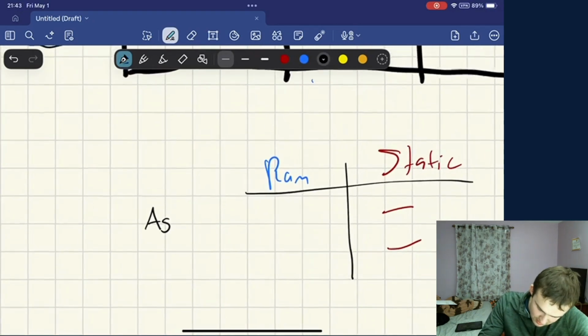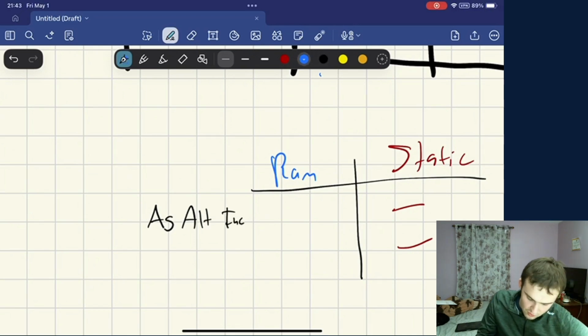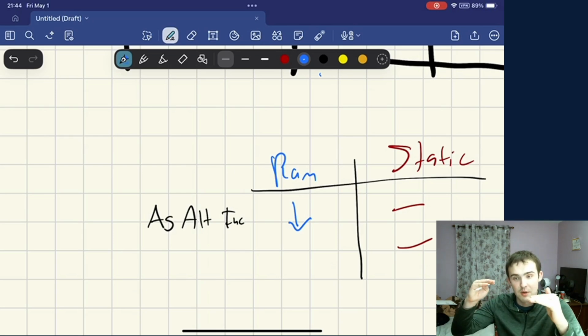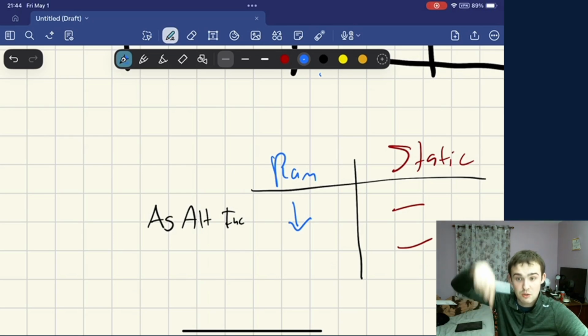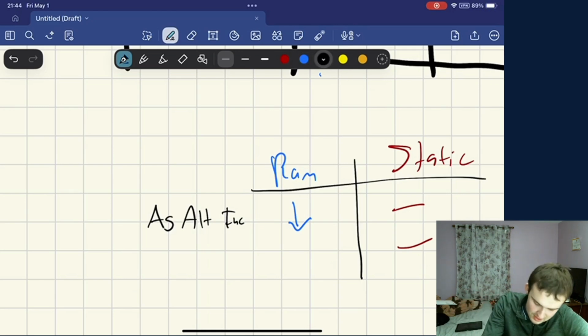As, we'll say, altitude increases, our ram pressure is going to decrease, and our static pressure is going to stay the same, which means we're going to have a lower differential of pressure between the static and the ram pressure, meaning our airspeed is going to show a decrease, or we're going to be decelerating.